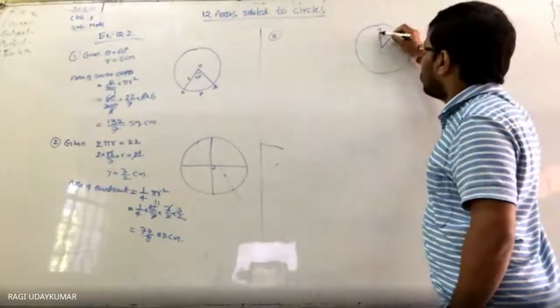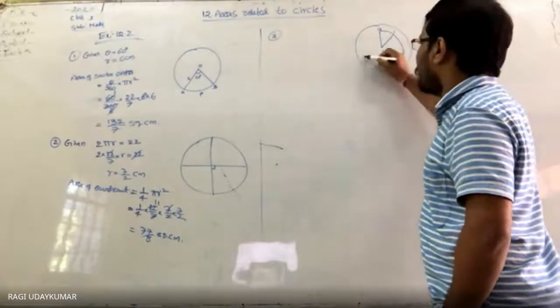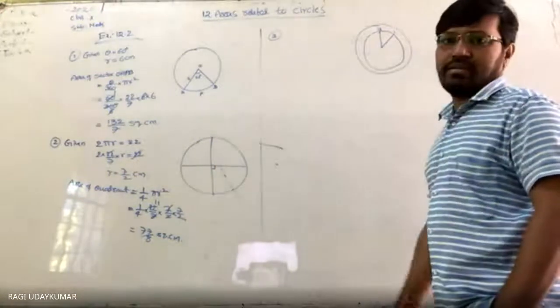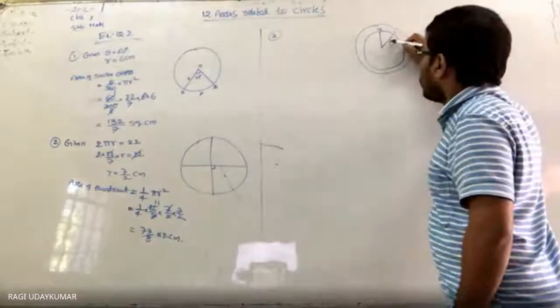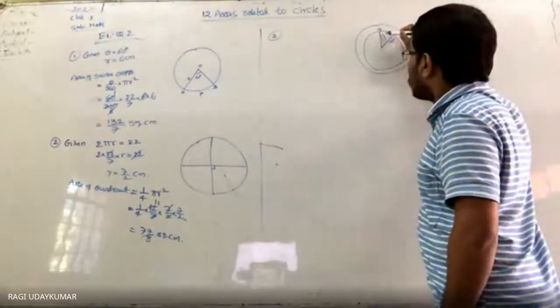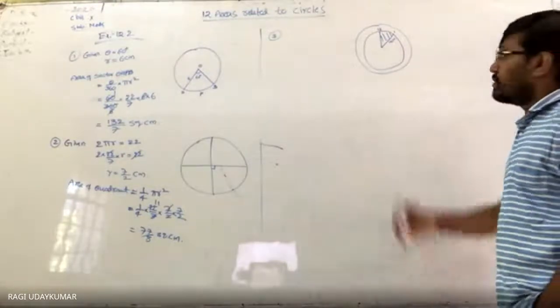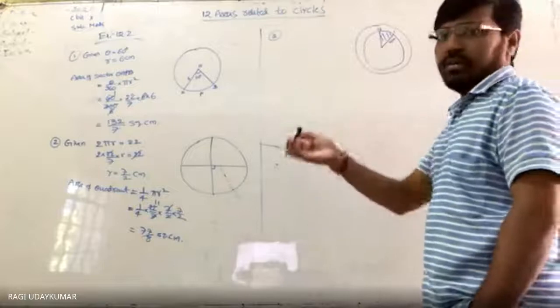Whenever it moves like this, it forms a circle, with radius 14 centimeters. And what is the area swept by this minute hand in 5 minutes?